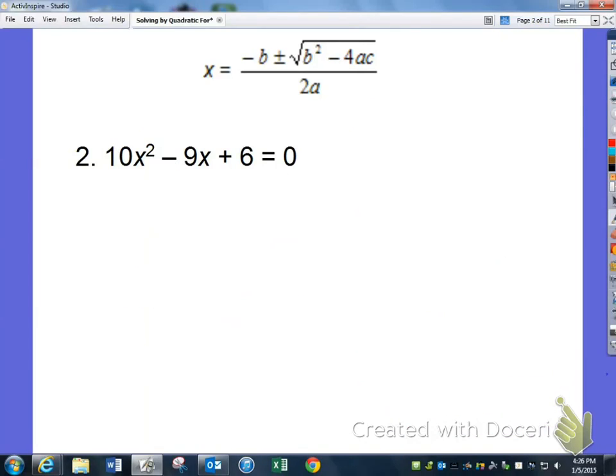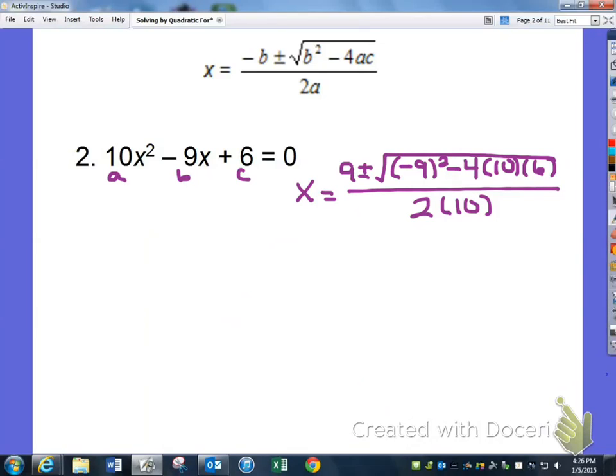All right, on number 2, this is already set up in ax squared plus bx plus c equals 0. So my a is 10, my b is -9, and my c is 6. So go ahead and set up your quadratic formula, plug in numbers, and let's see if we match. All right, I ended up with x equals 9, and it is a +9 because the formula says -b.